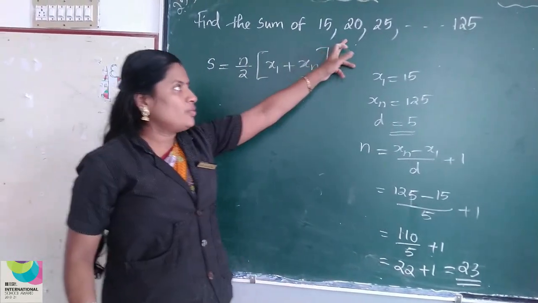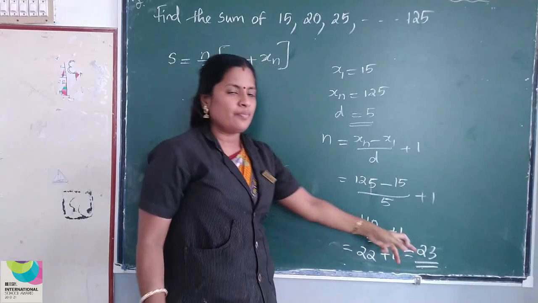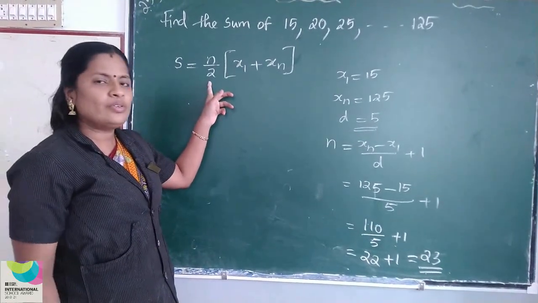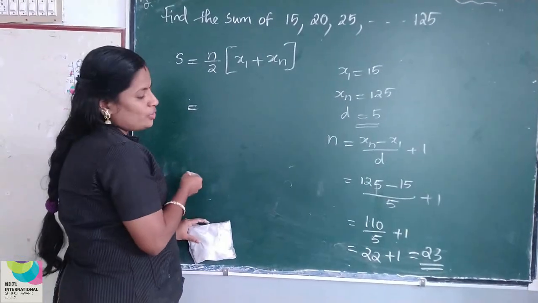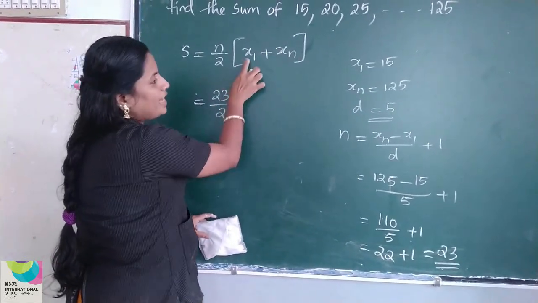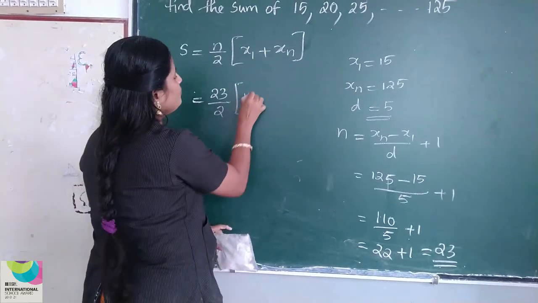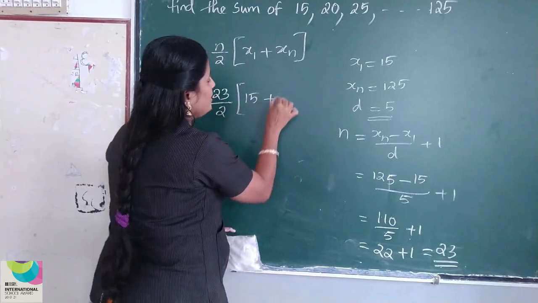So in this sequence, the number of terms is 23. Okay, next we have to find out the sum. So n equal to 23. 23 by 2 into (x1, which is 15, plus xn, which is 125).